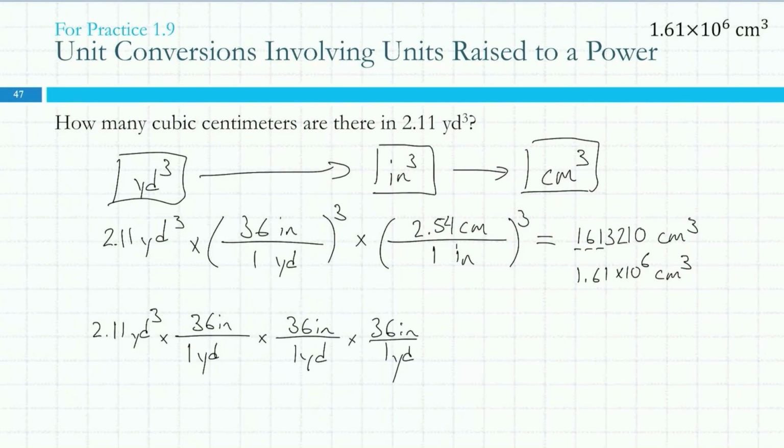Now when I divide by yards 3 times and multiply by inches 3 times, that would give me inches cubed. And then to continue in that same vein, it would be 2.54 centimeters over 1 inch times 2.54 centimeters over 1 inch times 2.54 centimeters over 1 inch. Mathematically, identical. It's the same thing.